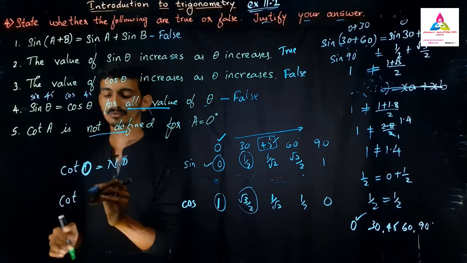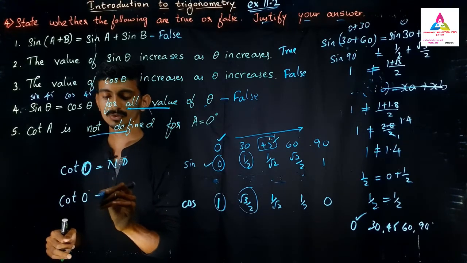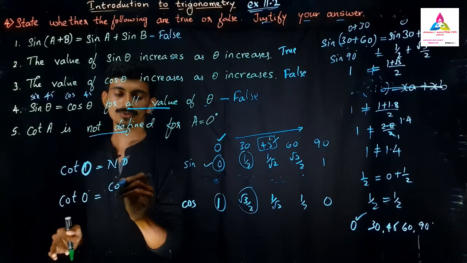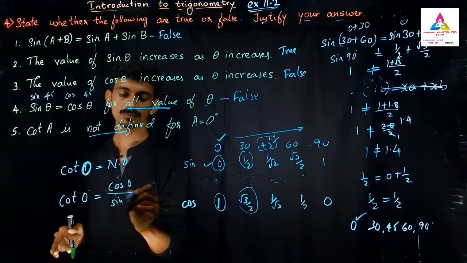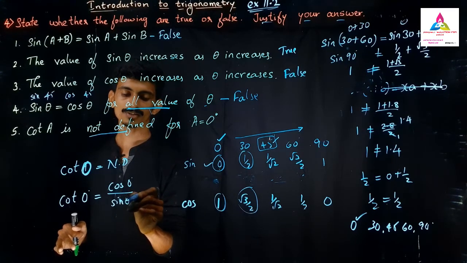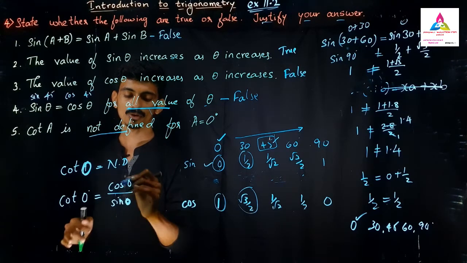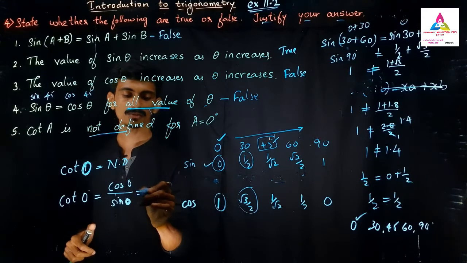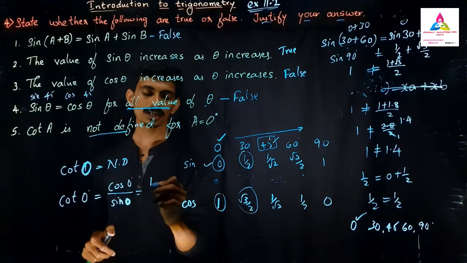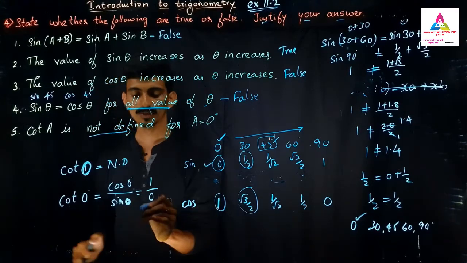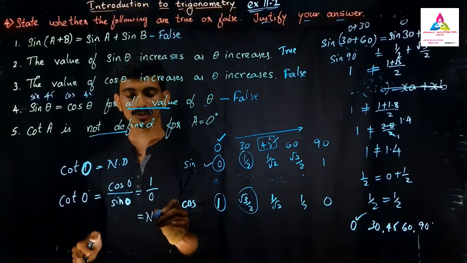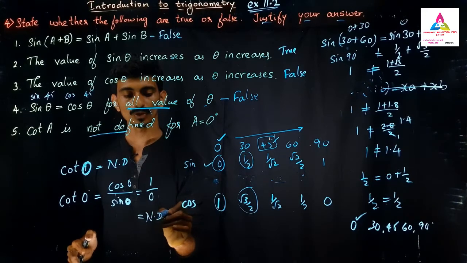Cot 0 degree is cos 0 degree divided by sin 0 degree, because you know that cot theta is nothing but cos by sin. So cos 0 is 1 divided by 0. We can't divide any number by 0. When we divide any number by 0, it is called not defined. So that is our answer.